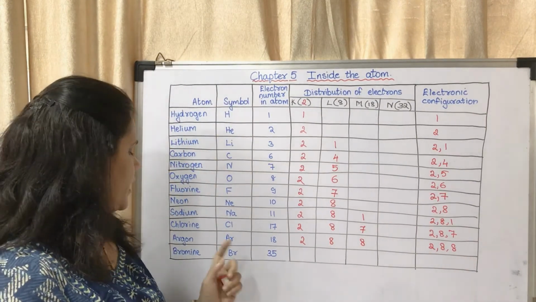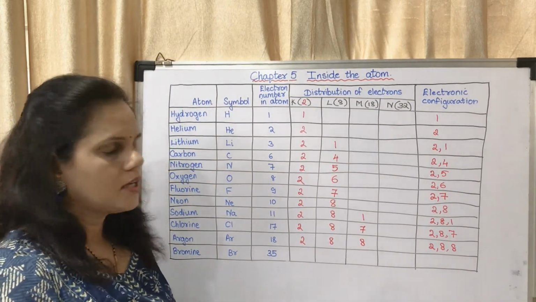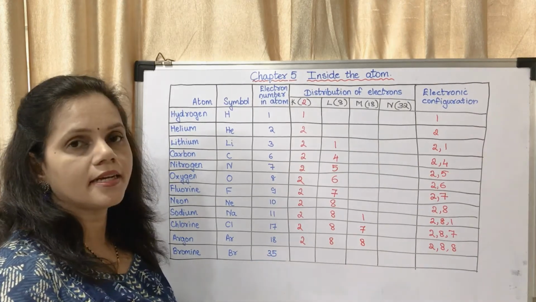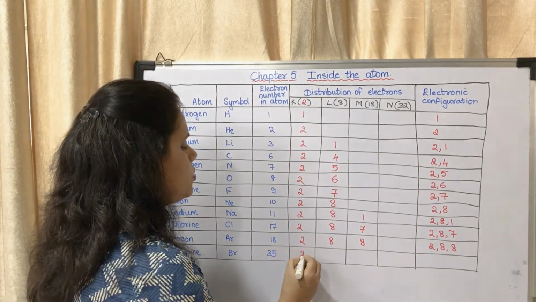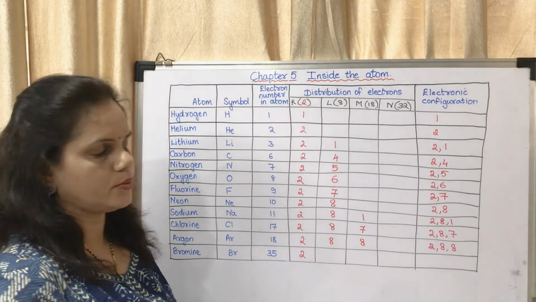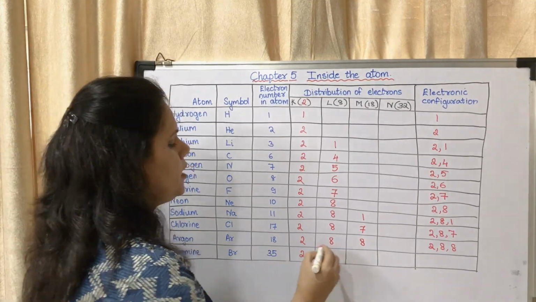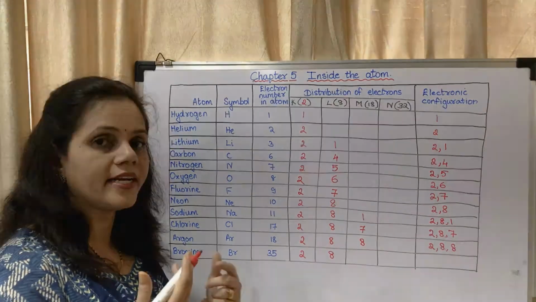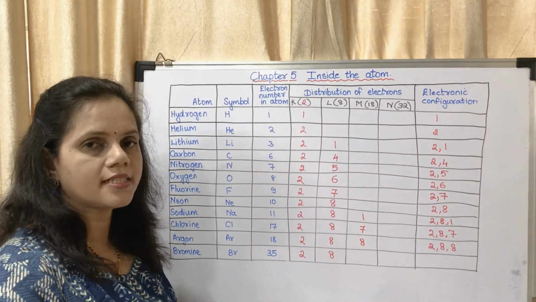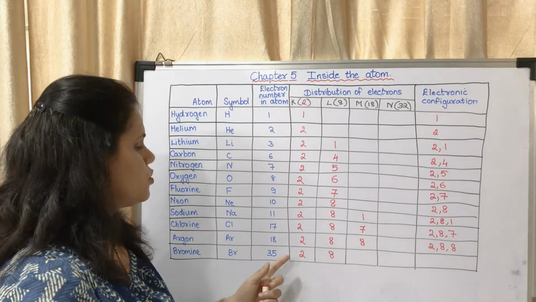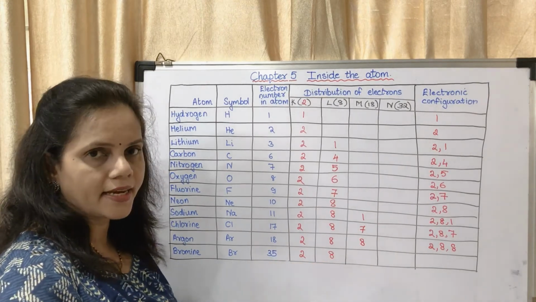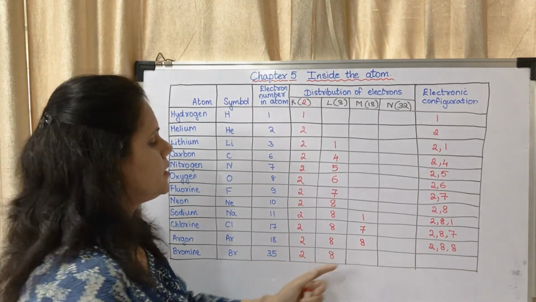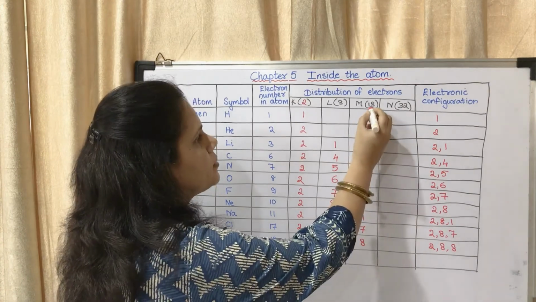Okay. Now the next one is bromine. The atomic number is 35. Out of those, in the first shell 2, in the second shell 8. 2 plus 8, 10. Still 25 are remaining. And in this shell, how many maximum?